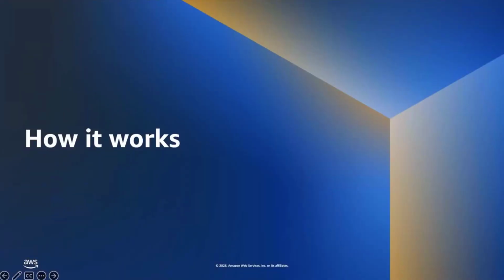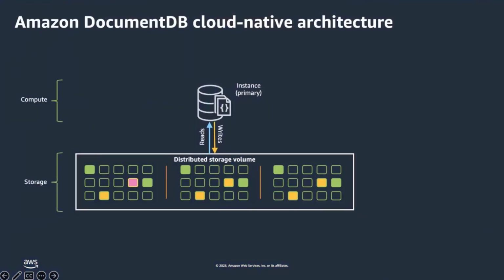Okay, so I already hinted at how this works with the approach earlier, but let's dive a little deeper and take a look at the architecture diagram to show you how this works with some additional details. Before I show you the architecture of elastic clusters, it's useful to understand the architecture of an instance-based cluster. In short, we have the separation of compute and storage in instance-based clusters, and this enables us to scale storage and compute independently.